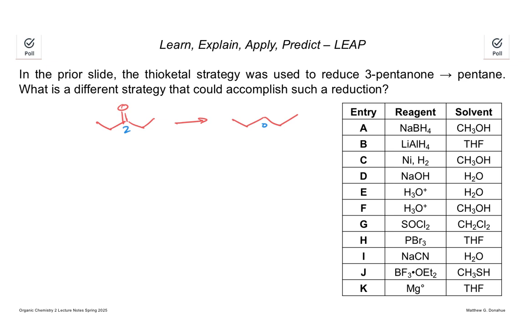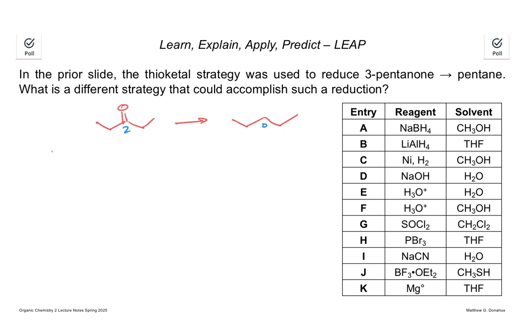So the way we'll do it is connecting into the last module, all the stuff we've learned there. So we know that we can reduce a ketone to an alcohol, so we're going to do that. But OH is a really bad leaving group, so we have to do some other stuff first, and then really just get that oxidation state all the way down until it's a hydrogen.